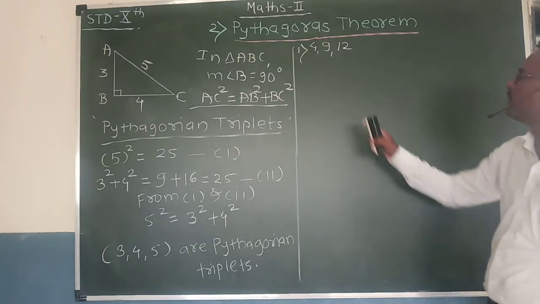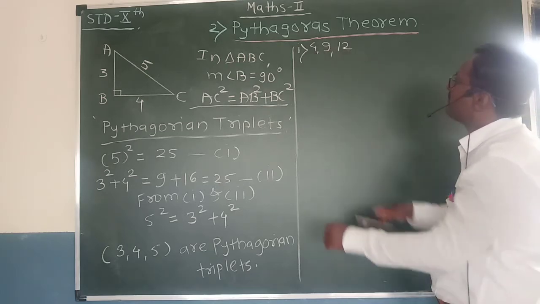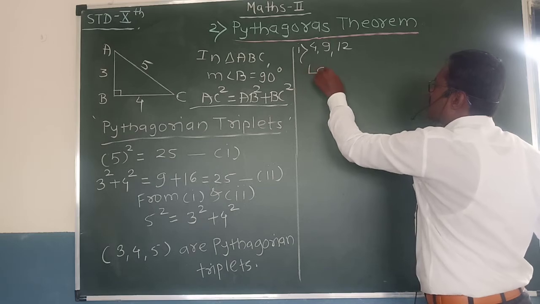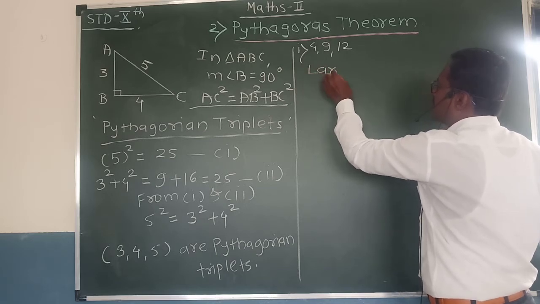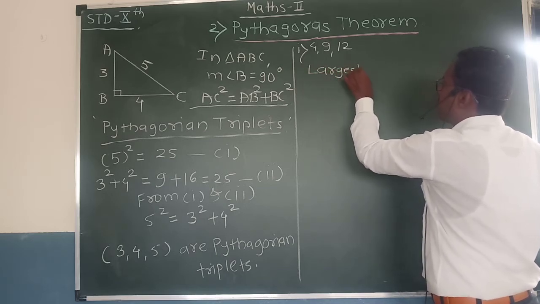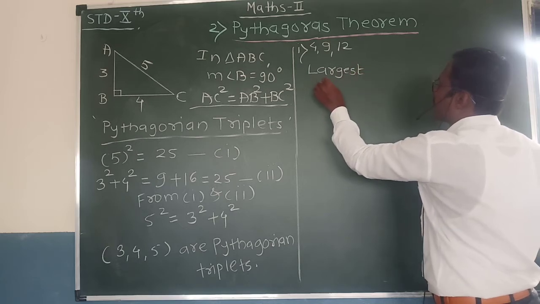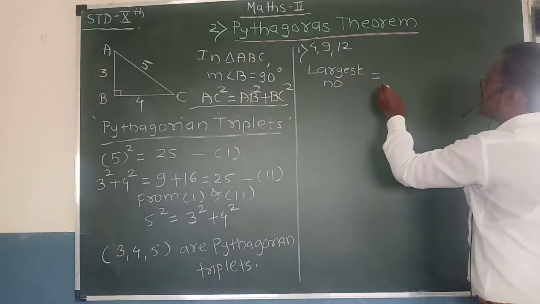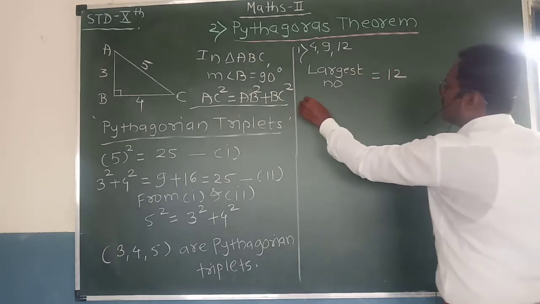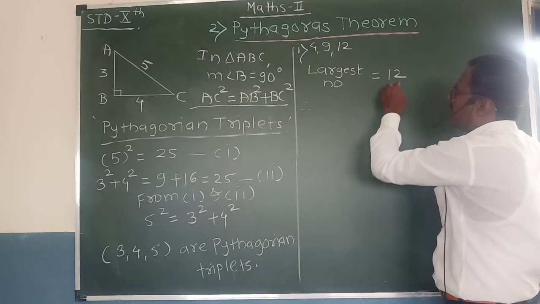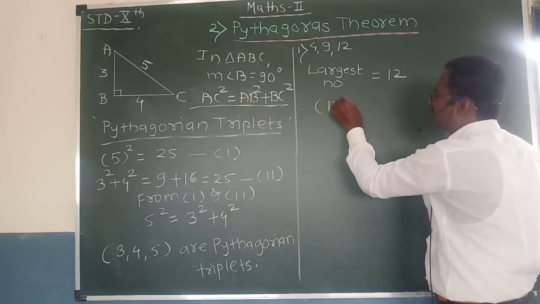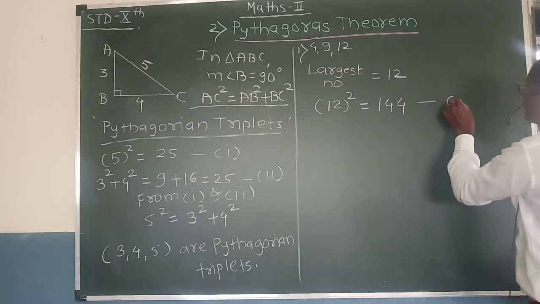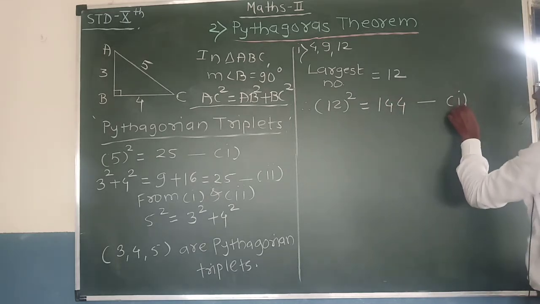Related to 4, 9, 12, the largest or greatest number is 12. So, the square of the largest number, 12 square, is equal to 144, as equation 1.